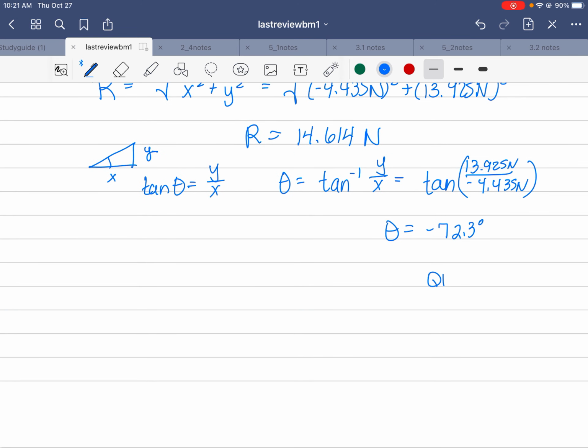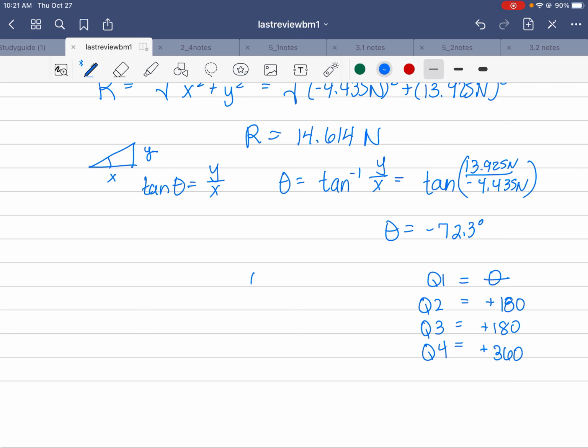If you're in quadrant 1, with respect to that angle, you don't do anything. If you're in quadrant 2, you're going to add 180 degrees to your angle. If you're in quadrant 3, you're going to add 180 degrees to that angle. And if you're in quadrant 4, you'll also get a negative angle, so you're going to add 360, and that will tell you what angle you actually have.